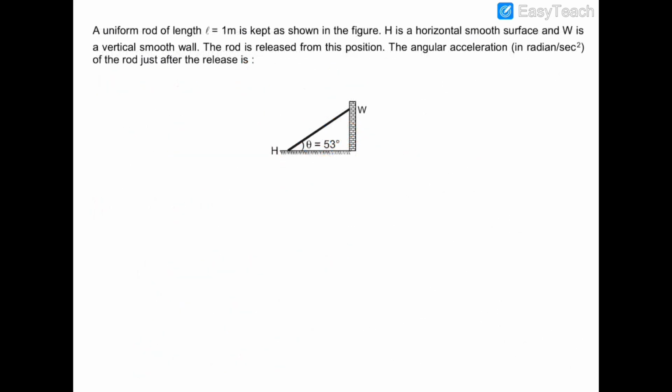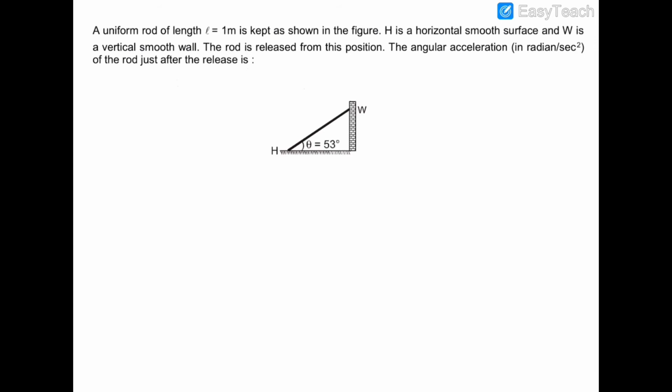In this question, there is a uniform rod of length L and it is kept leaning on a wall and horizontal floor at an angle of 53 degrees. Now this rod is released from rest from this position, and we have to find out the angular acceleration of this rod just after the release.